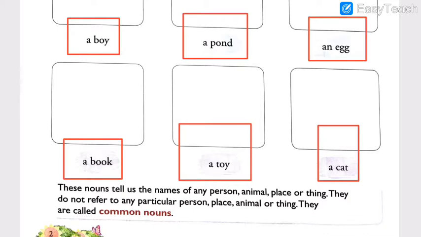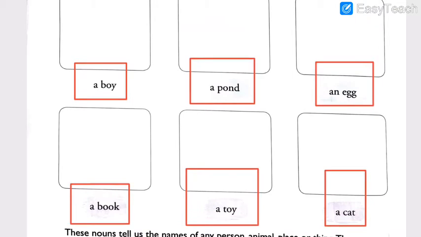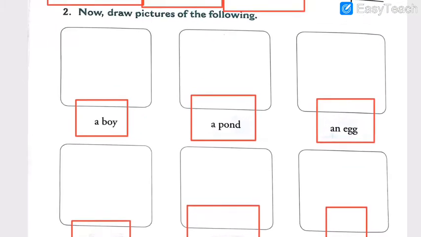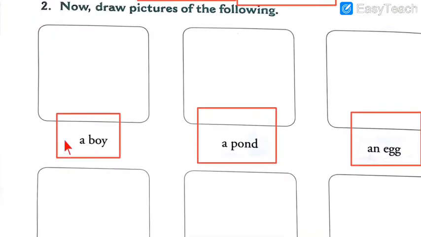Yes, they do not refer to any particular person, place, animal or thing. So it is called a common noun. They are used for many people, many things and many places. To explain in detail, take a boy. Now if I write, for example, R-O-H-A-N, Rohan. Rohan is a boy.